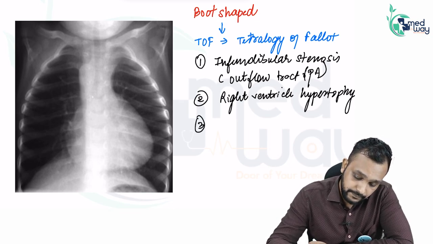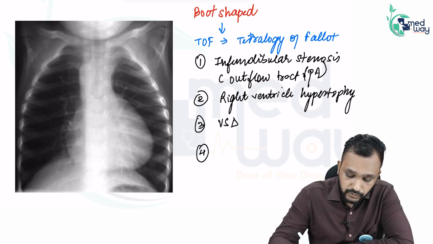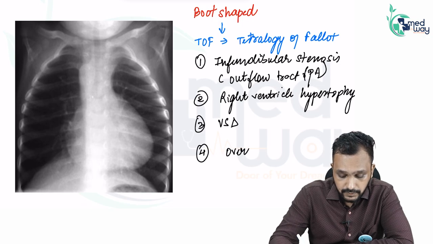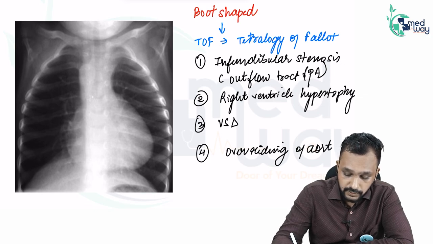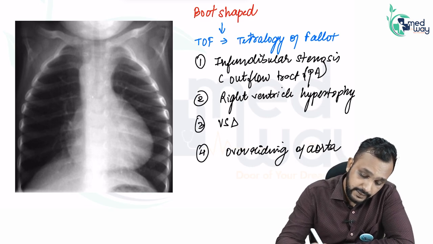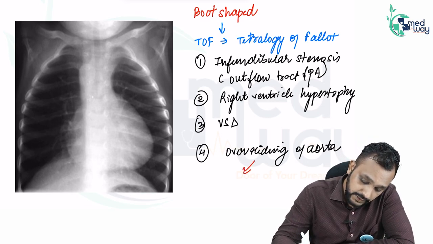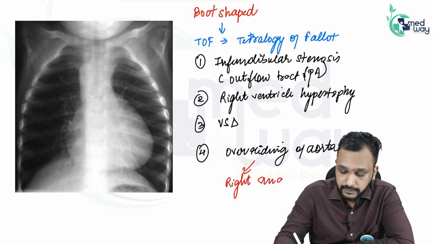Then there will be a ventricular septal defect, and fourth, you will see overriding of aorta. So what do you mean by overriding of aorta? It means that the aorta is arising from both the right and left ventricle.